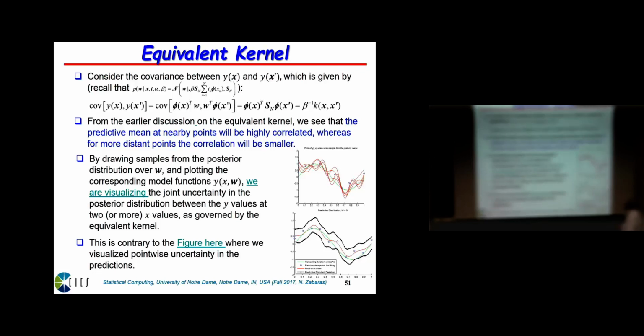When we plotted the error bars in our predictions, these were point-wise uncertainty. When you plot the samples of the regression functions like this, it captures correlations at two different locations. So people plot this, but if you really need correlations, it is this type of plot that you need, okay?